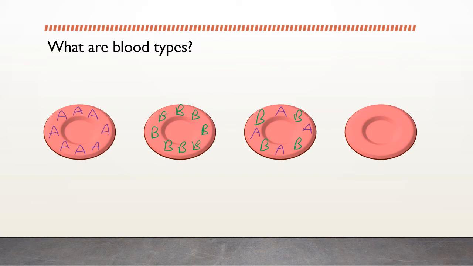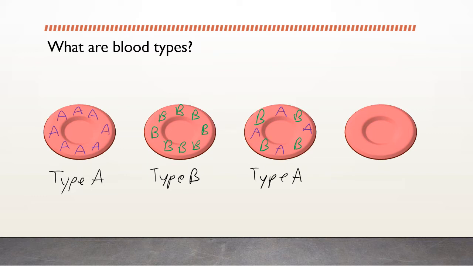So what do we do with this? Well, we define which set of glycoproteins a blood cell has as its blood type. So we would call this cell type A. This next cell, type B. The third cell would be, guess what?